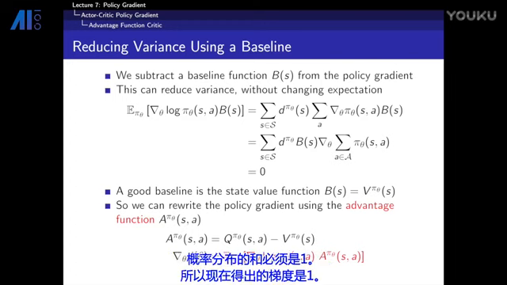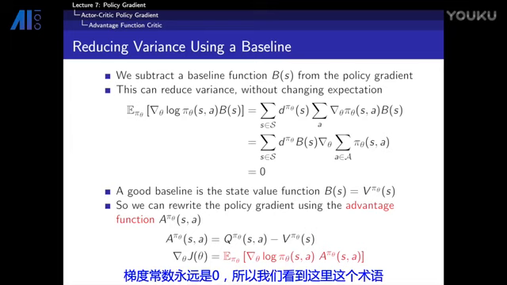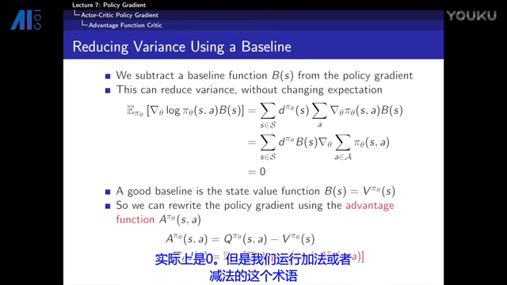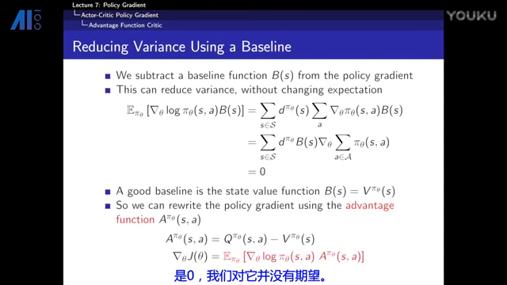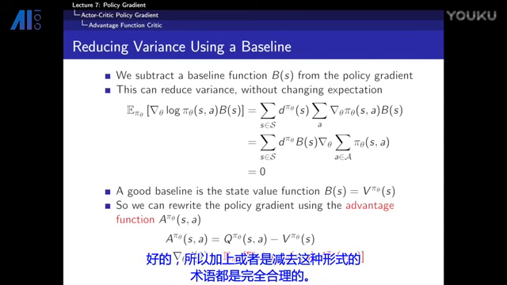This is a probability distribution, so it must sum to 1. So now we have the gradient of 1, and the gradient of a constant is always 0. So this whole term is actually 0. This whole term that we're adding or subtracting is 0 mean. It's got 0 expectation. Okay? So it's completely legitimate to add or subtract any term of this form.